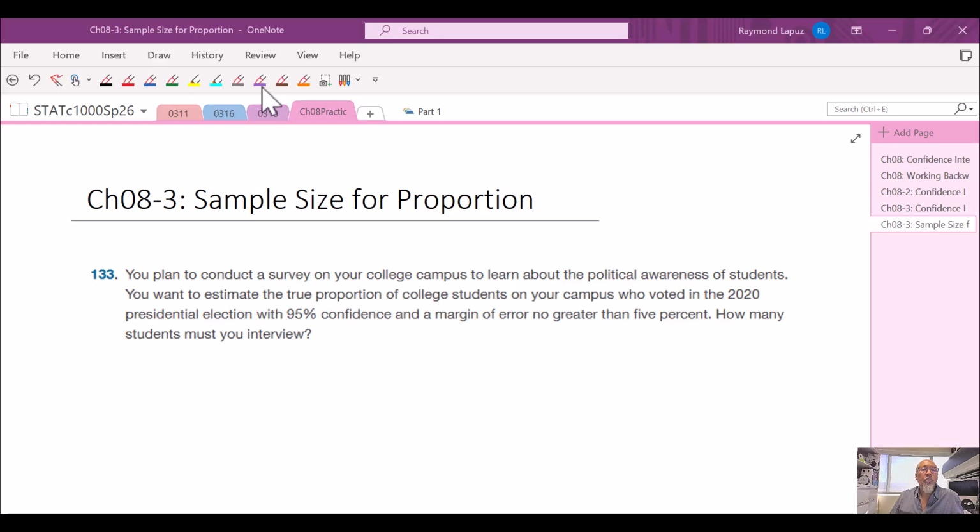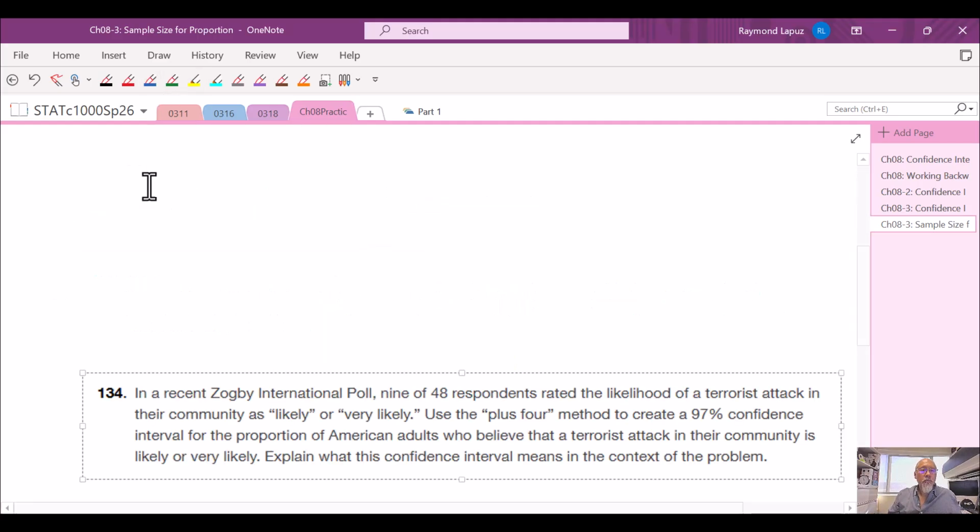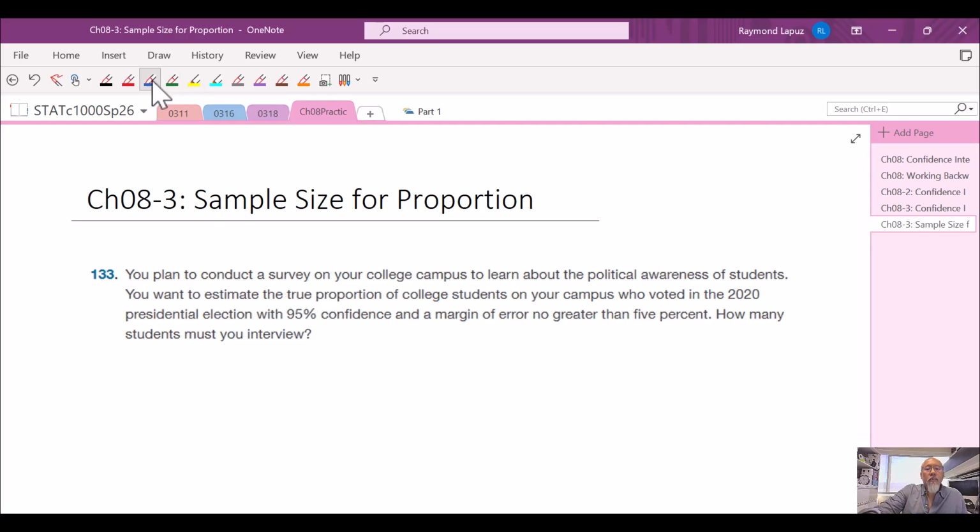Now, if you remember the error bound formula, let's see if I remember the error bound formula. The error bound for the proportion is equal to z sub alpha over 2 times the square root of pq divided by n, or p hat q hat divided by n.